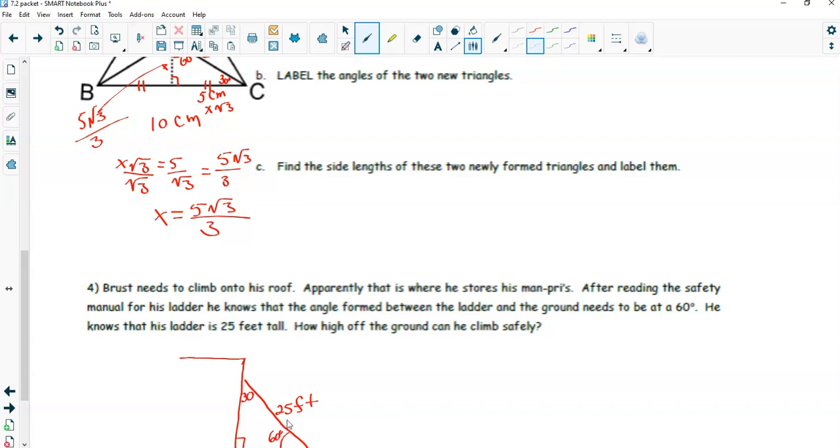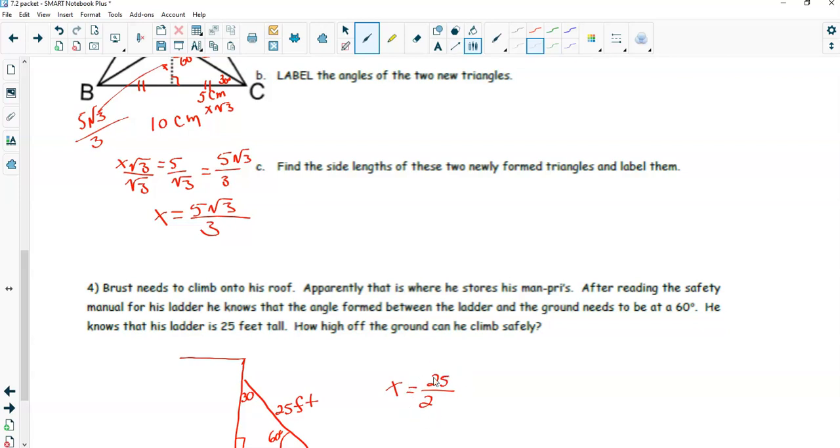All right, so here is my short leg. Here is the hypotenuse. Here is the long leg. I'm looking for this long leg, okay? So to go from the hypotenuse to the short leg, divide by 2. So that's 25 halves. And that's x. That's my short leg, see?